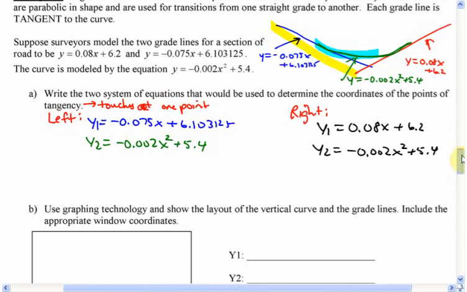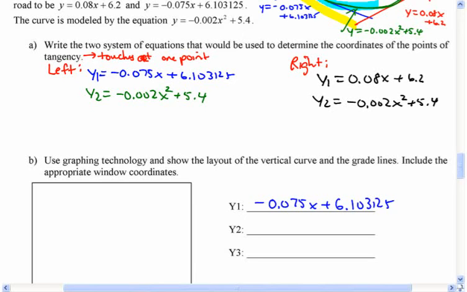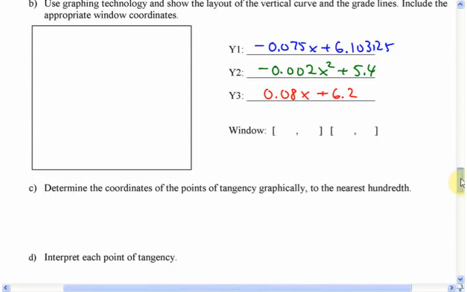So I guess part B says they want you to draw that picture on the graphing calculator. So I guess I should just copy down the equations again. There's the line. Here's the parabola. And then there's the upward sloping line. Okay.